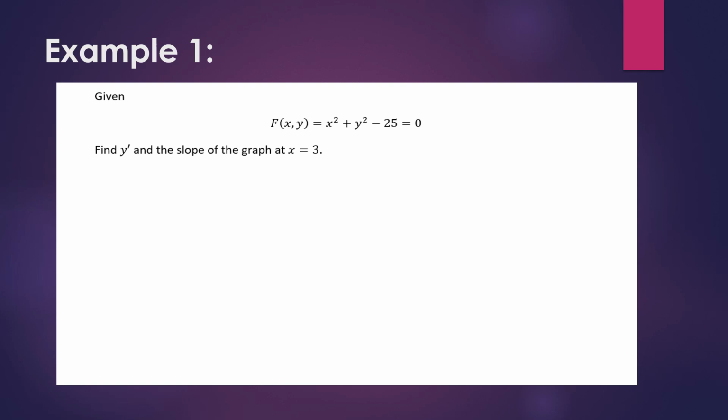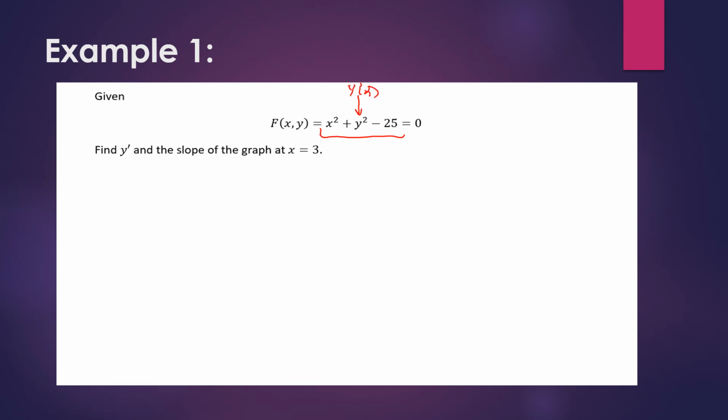So if I want to take the derivative of x squared plus y squared minus 25, I need to remember that in this particular problem, I'm going to assume that y is a function of x. So this is really y of x.